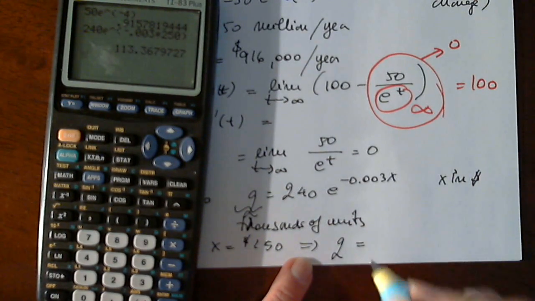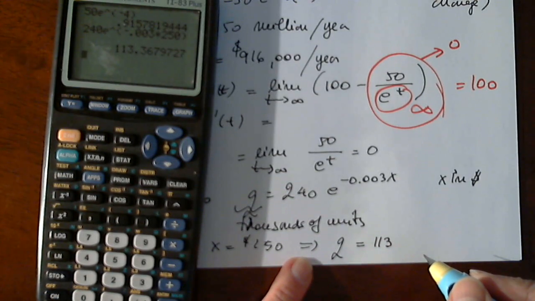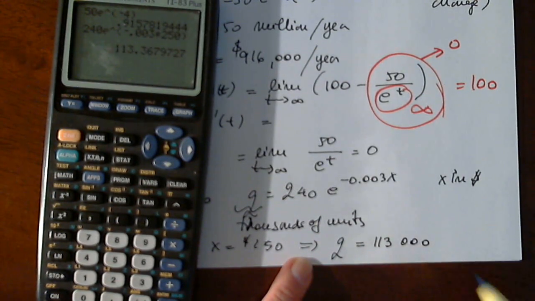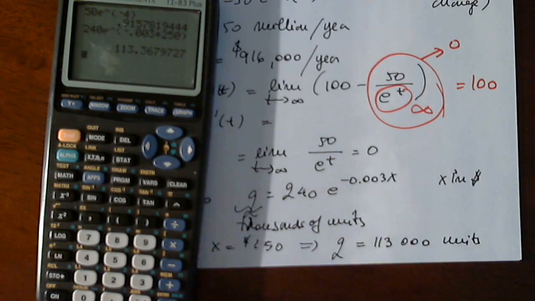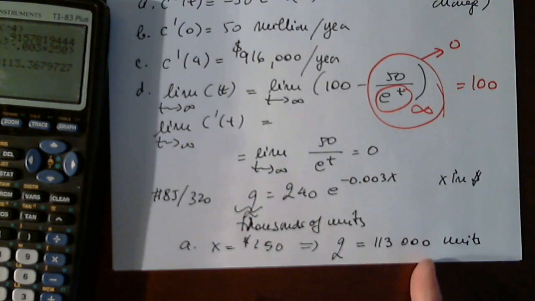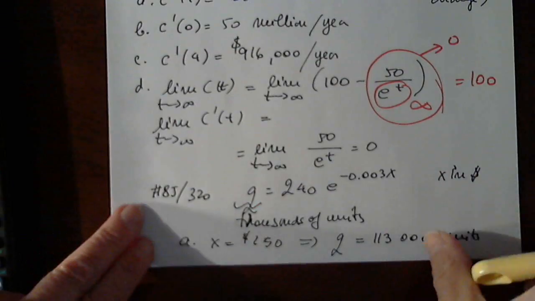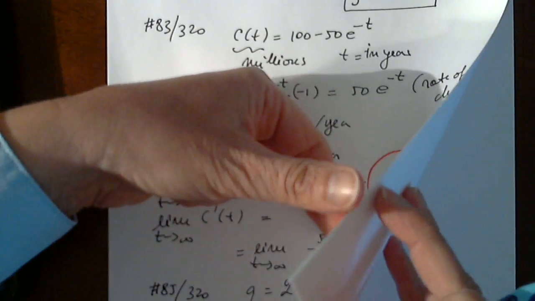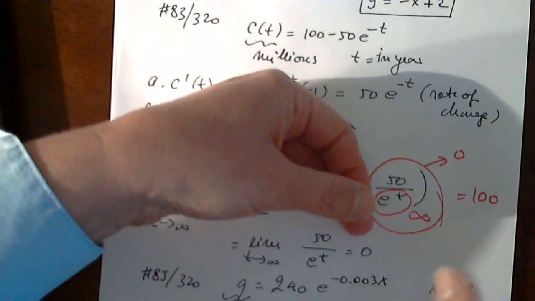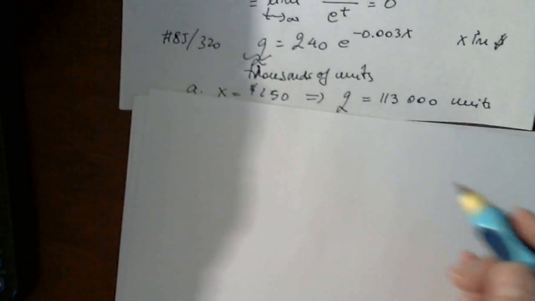So Q, the number of units, I'm sorry, 113, we're asked to round to the nearest 1,000 units at the price of 250. The demand is this. Part B, graph the demand function for X between 0 and 400. So graph the demand function. And that's my page 4.